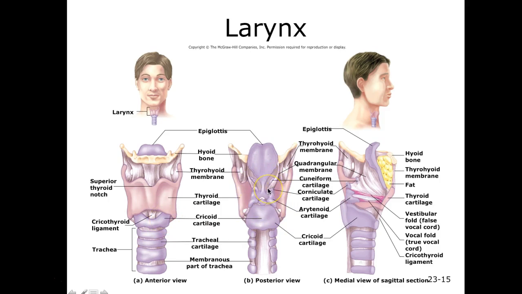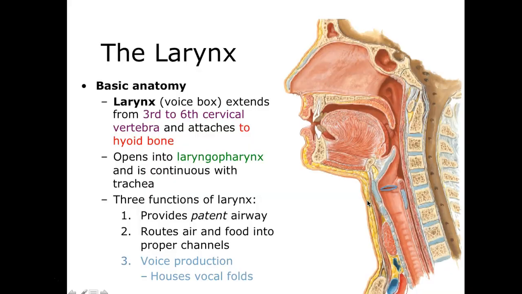We're going to talk our way through all of these components of the larynx, as well as our vocal folds. We have two folds here. This is our false, or vestibular, vocal fold, and the one below it is our true vocal fold, also known as the ventricular fold.